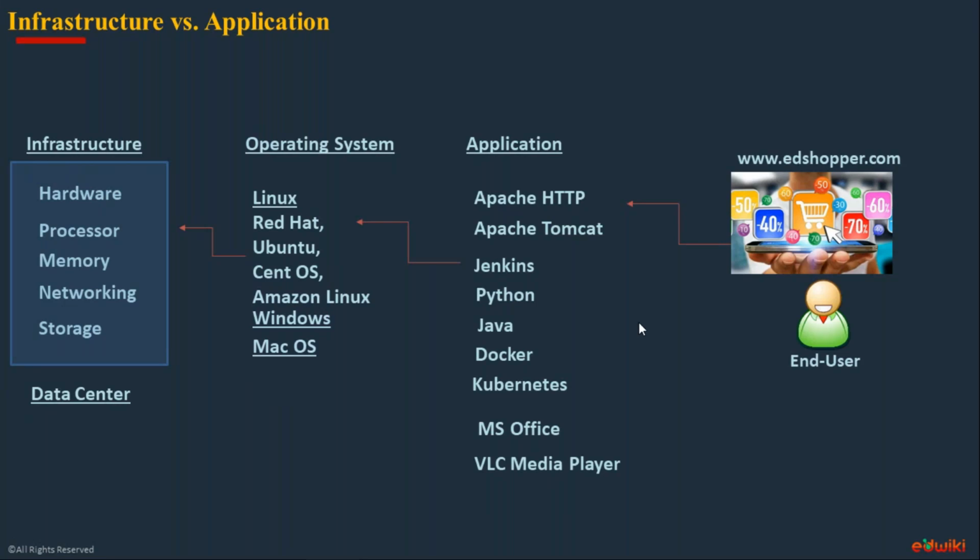But if you want to learn Kubernetes, Docker, Jenkins, which are under the application section in my slide, you should know some basics of operating system, guys, because these applications are actually installed on the operating system. If you don't know what an operating system is, you can't learn how to install and use these applications.